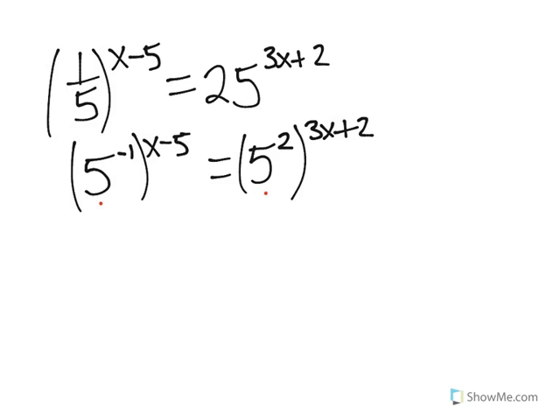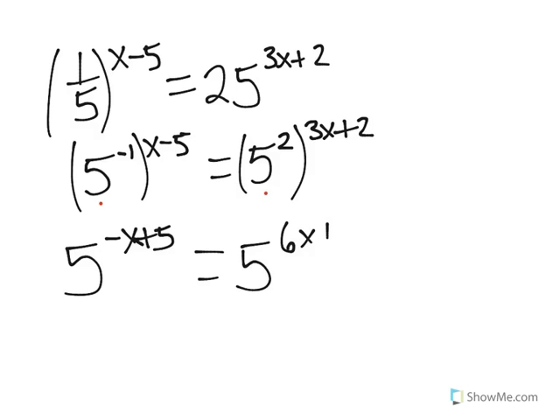Now I've got 5 as each of my bases, so let's use another property. A power raised to a power, I multiply them. So this is really 5 to the negative x plus 5 equals 5 to the 6x plus 4. Now my bases are the same, so I set the exponents equal and ignore the base.